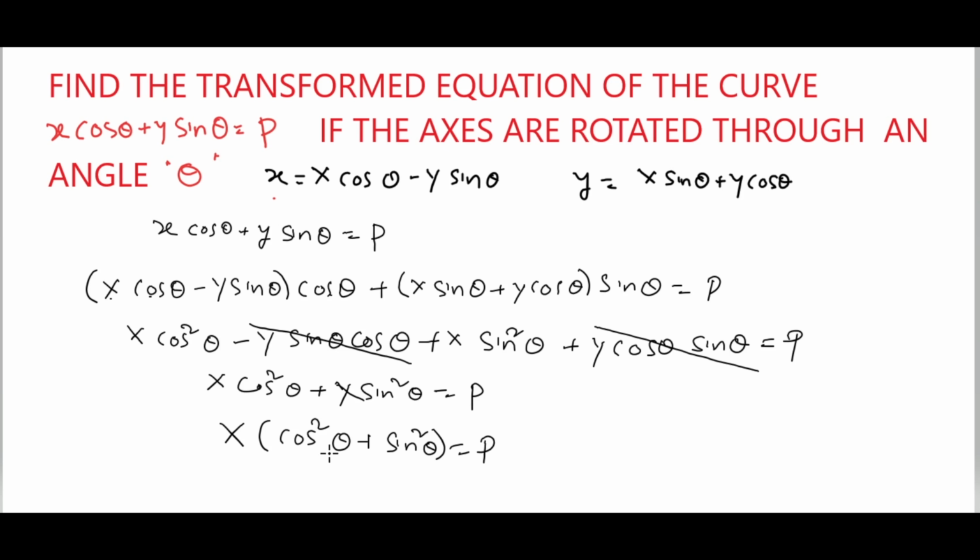We know that cos square theta plus sin square theta value is 1, that is capital X into 1 is equal to p, that is capital X is equal to p. This is the transformed equation of the given curve if the axes are rotated through an angle theta.